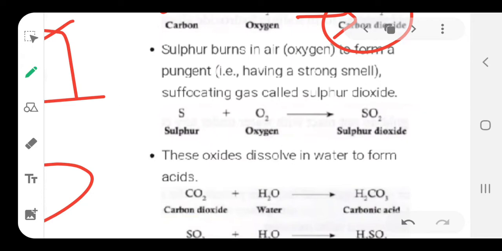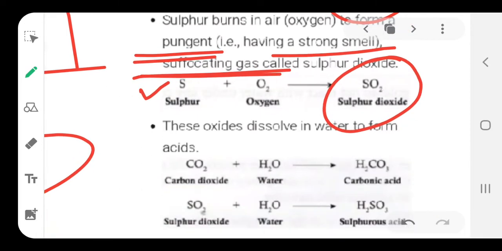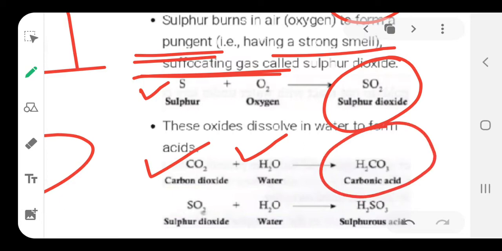Similarly, when we burn sulfur with oxygen, we get sulfur dioxide. It has a very pungent, or strong, smell because it is a suffocating gas. Write it down: sulfur dioxide is a suffocating gas. Furthermore, if you dissolve carbon dioxide, a non-metallic oxide, in water, you get an acid.